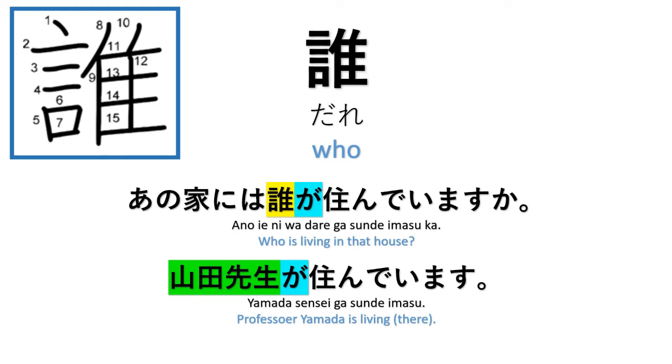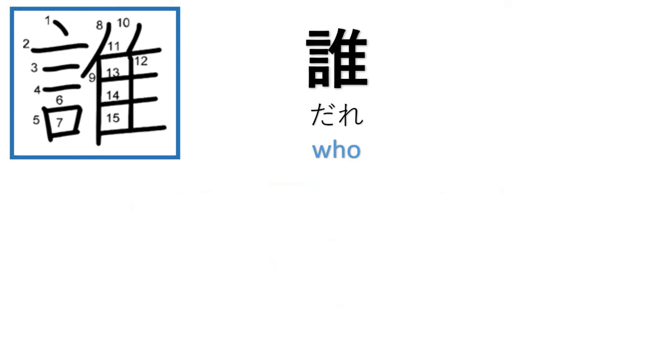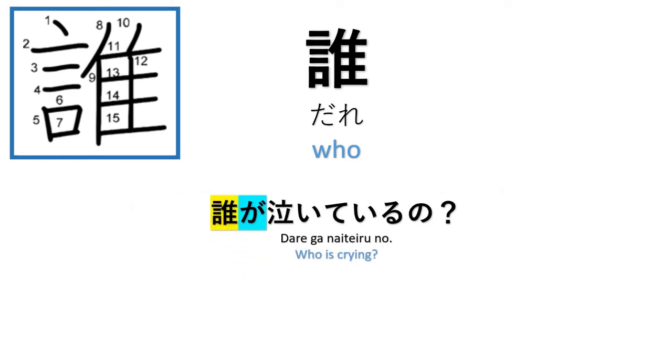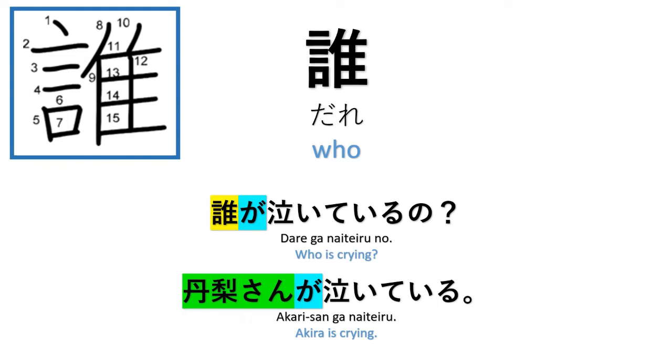Professor Yamada or Teacher Yamada is living there in that house. Other examples. Dare ga naiteiru no? Who is crying? Akira-san ga naiteiru. Akira is crying.